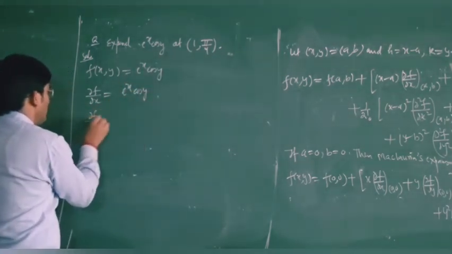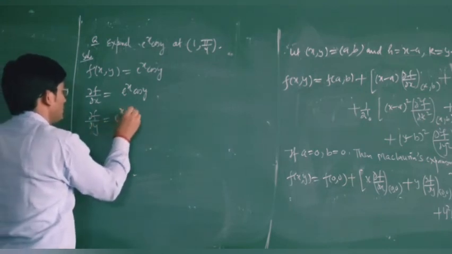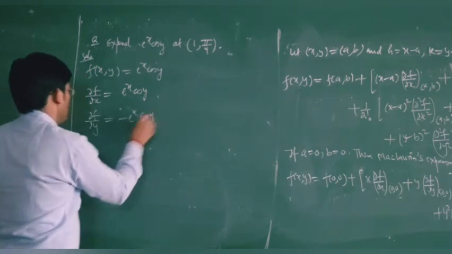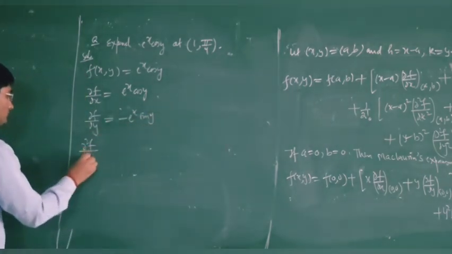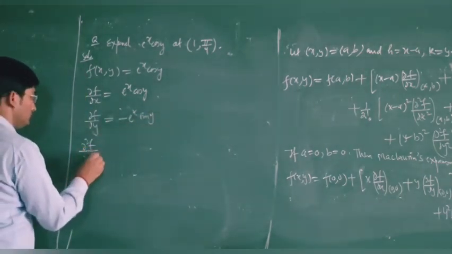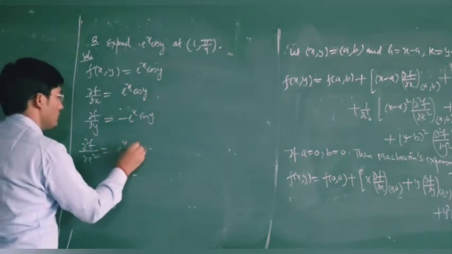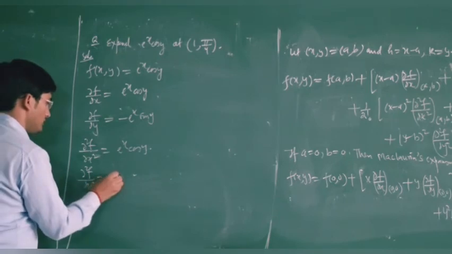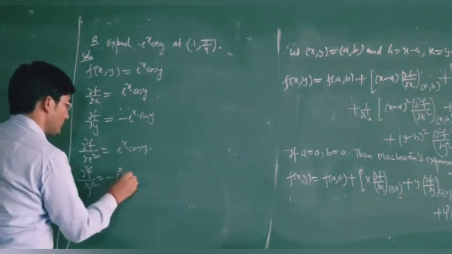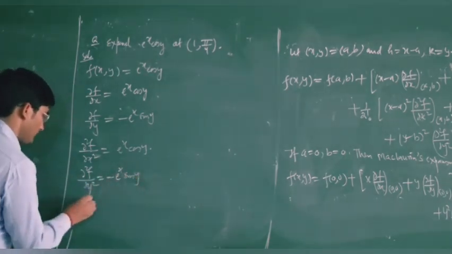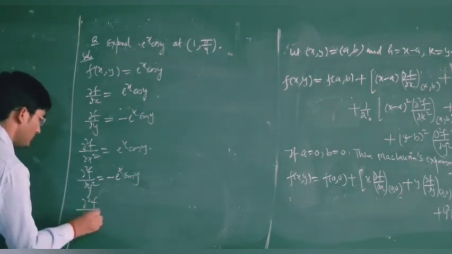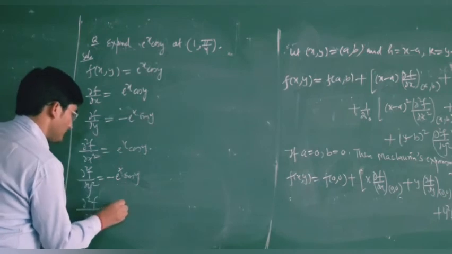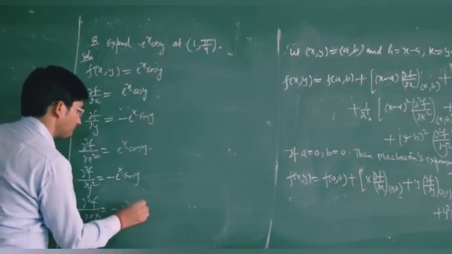Del f upon del y will be e to the power x into the differentiation of cos y, which is minus sin y. Del 2f upon del x2 is e to the power x cos y. Del 2f upon del y2 is minus e to the power x, differentiation of cos y, which will be sin y. And then del 2f upon del x del y, the differentiation of this one with respect to x, will be minus e to the power x into sin y.